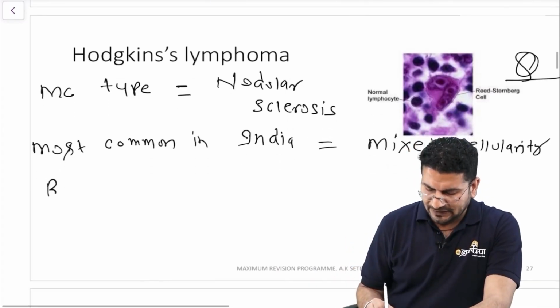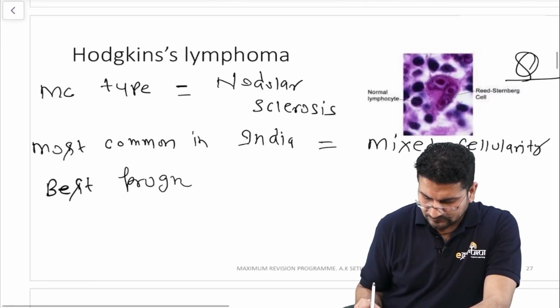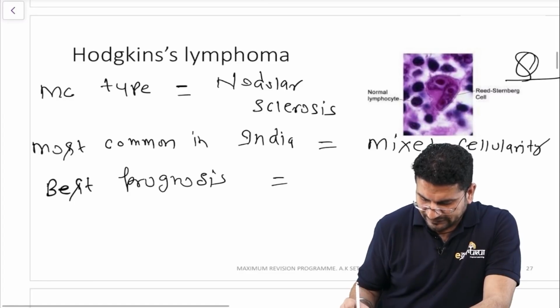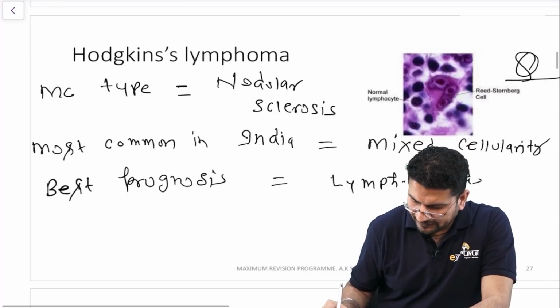If I say the type which will have the best prognosis, we call it lymphocyte predominant.